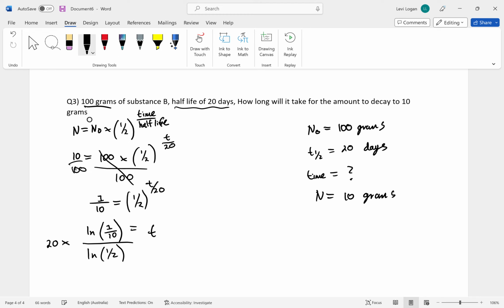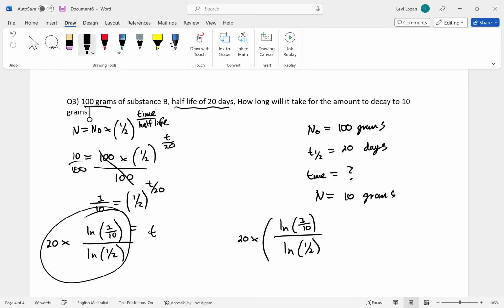Now, it's important you put this whole thing in your calculator properly. So I want you to put this exactly into your calculator. I want you to put 20 multiplied by brackets log of 1 over 10 divided by log of a half, brackets.